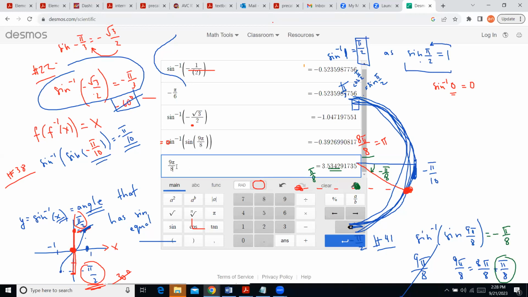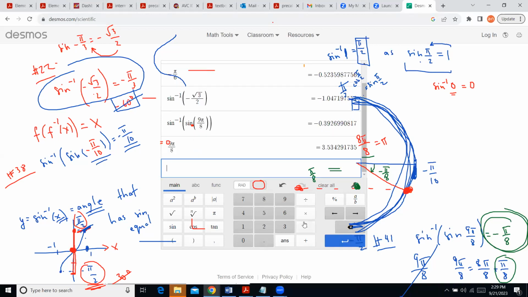See, 9 pi over 8 is not the answer, but the one that I just decided on, negative pi over 8, better be my answer.